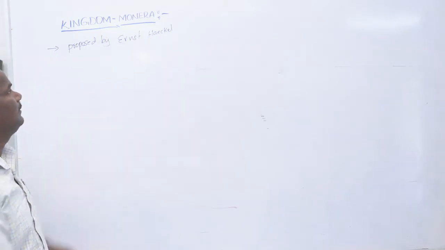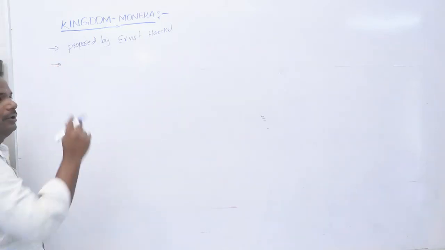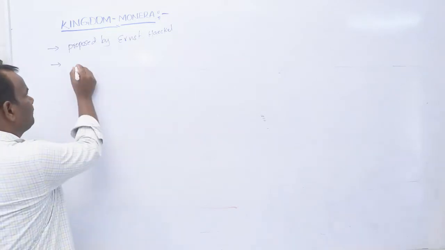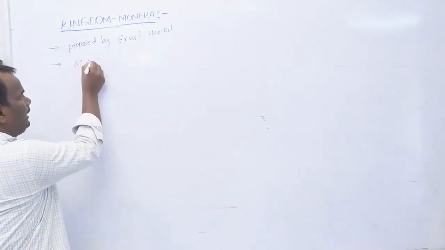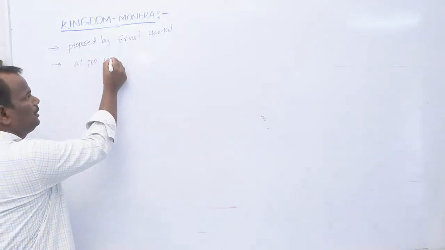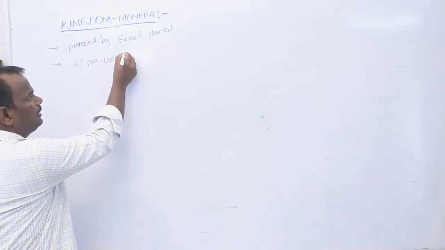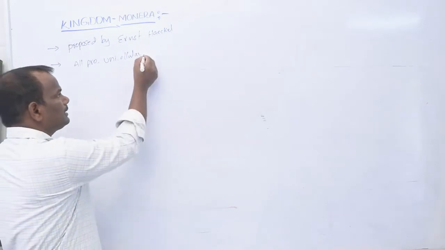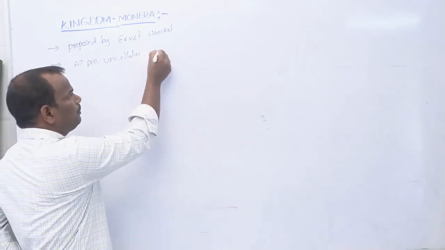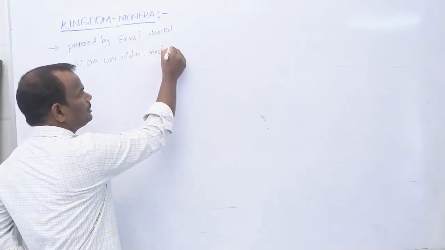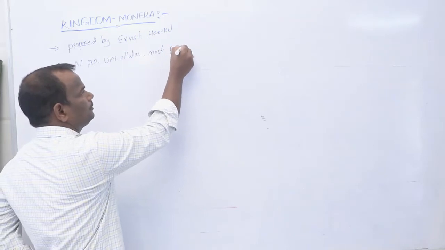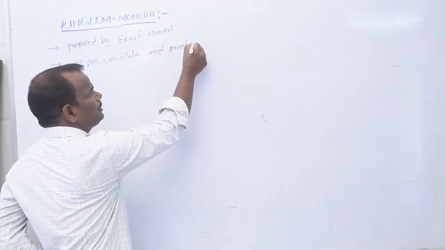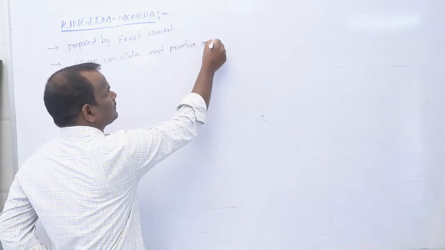In this kingdom Monera, all organisms are prokaryotes, unicellular, and the most primitive organisms.